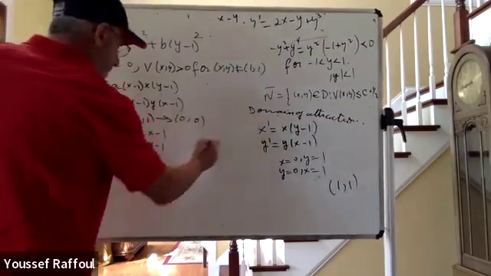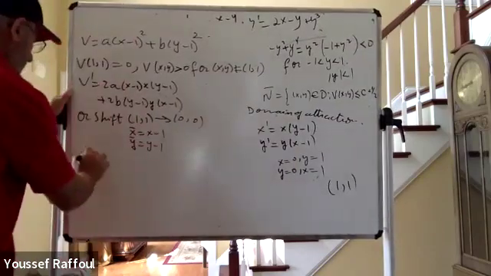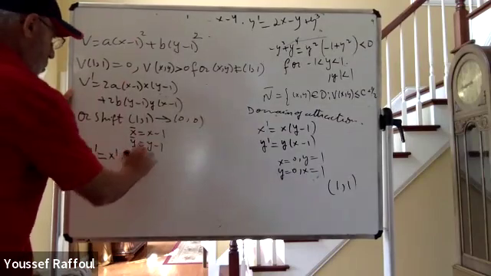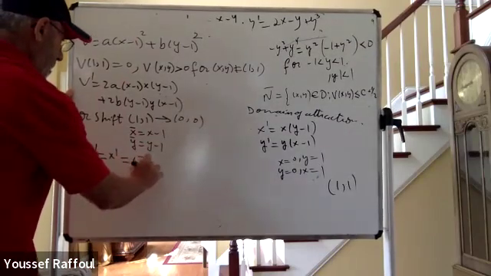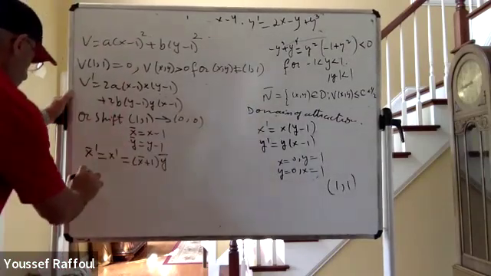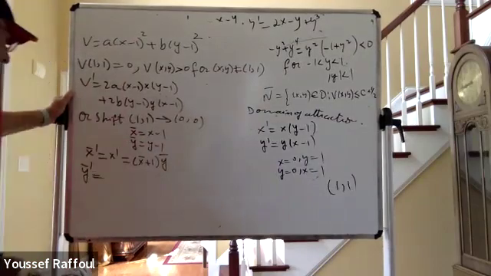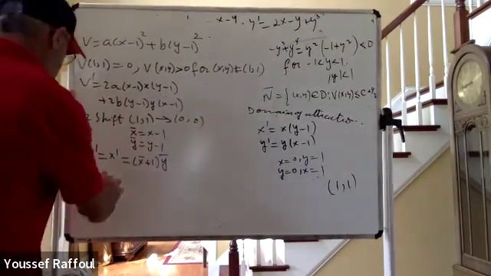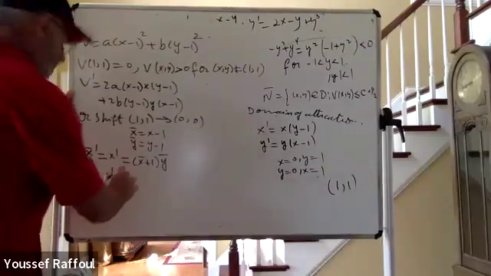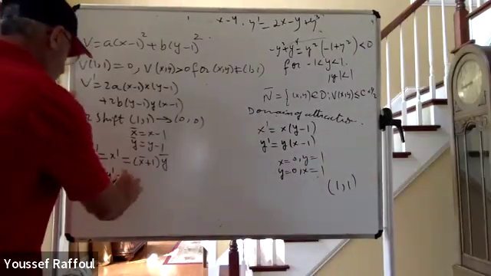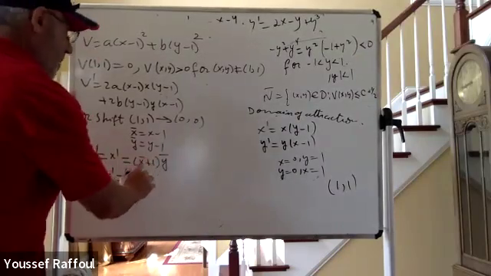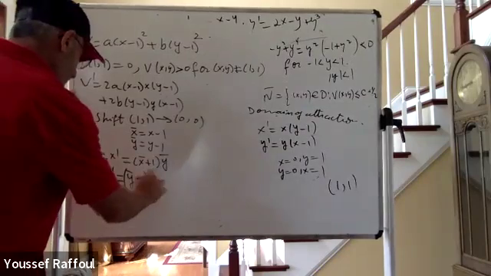Then you will have x bar prime equal to x prime, which is x bar plus 1 times (y minus 1) times y bar, and y bar prime is y prime, which is (y plus 1) times (x minus 1) times x bar.